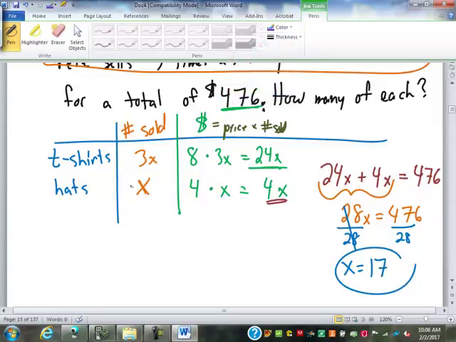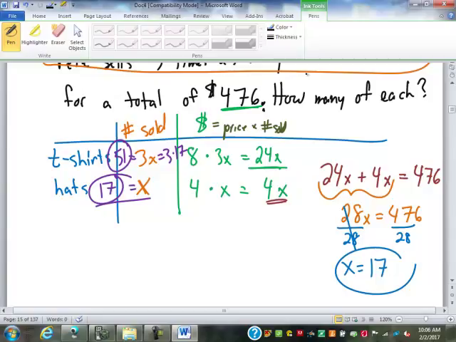That's the number of hats sold. Because x equals 17, t-shirts will be 3 times 17, or 51 t-shirts. Any questions? So there's an extra level there that comes into play.